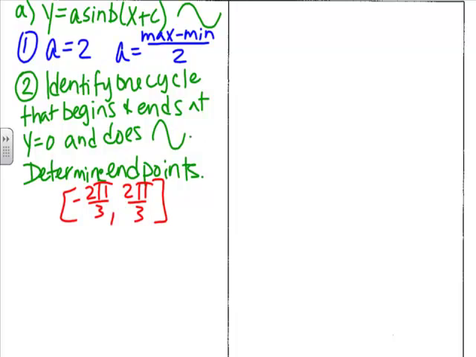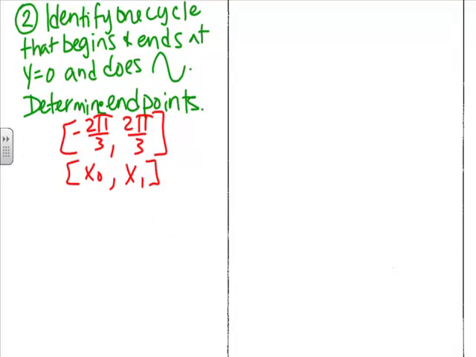Now, for notation purposes, I'm going to refer to this as going from x naught, sort of the beginning position, to x sub 1. Okay, ready for step 3. Now we are going to figure out the period, like how long it takes this thing to do its thing once.